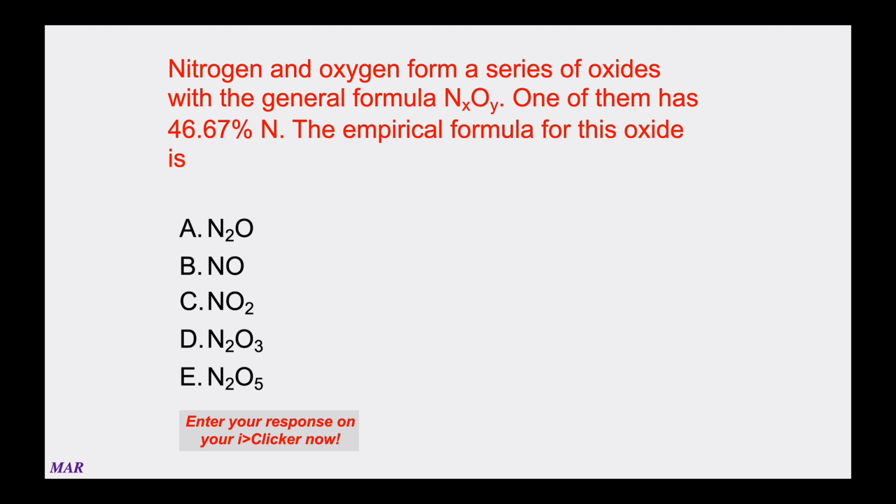So let's do the nitrogen as an example here. You would take 46.67 grams. I am a big believer that you should just assume you have 100%, and that means 100 grams. So 46.67% nitrogen would be 46.67 grams of nitrogen. And we're going to take that grams of nitrogen and divide by the molar mass of nitrogen, which is roughly 14.01 grams per mole.